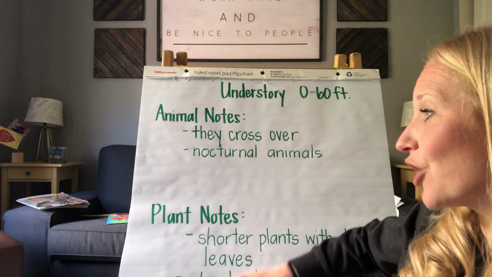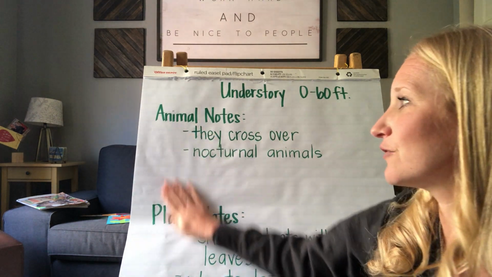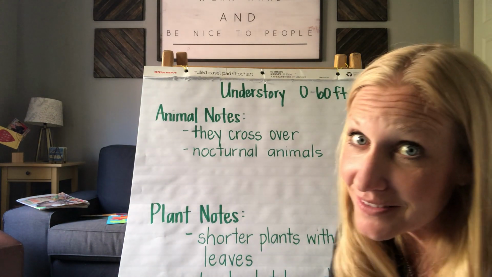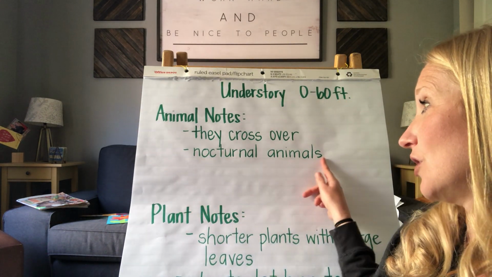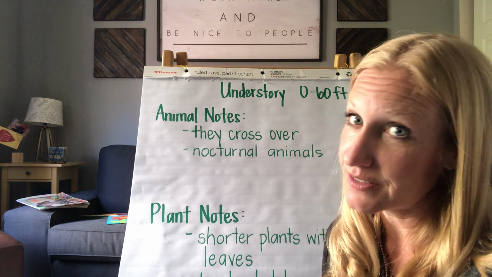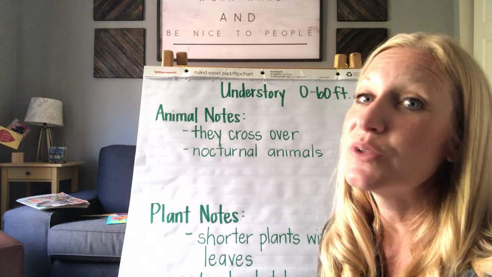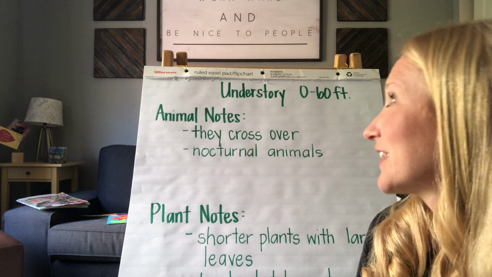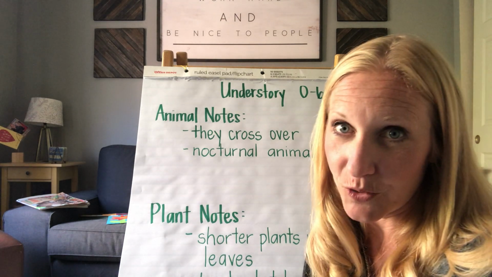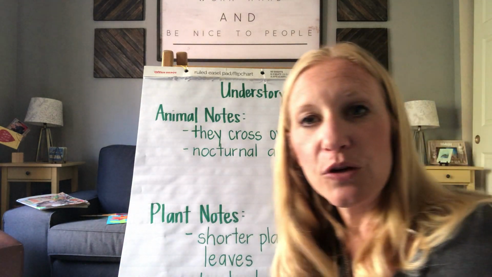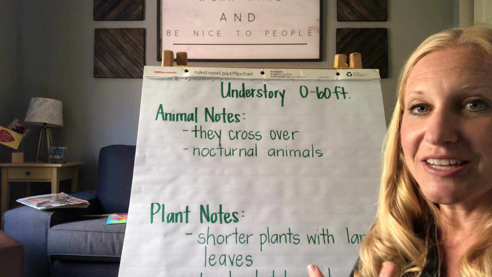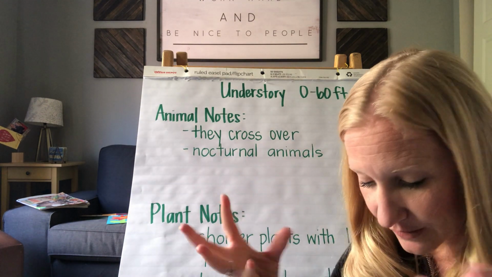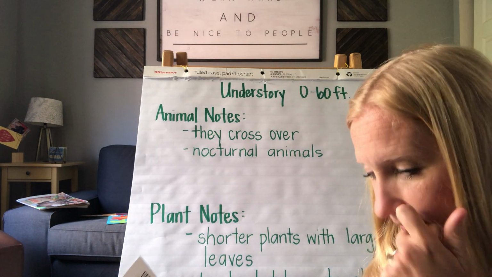So because this is a note-taking guide, we have the information on here that we need to explain it. If you were writing a sentence and you just wrote nocturnal animals, Mrs. McGee would not like that very much. You would need to turn it into a sentence saying nocturnal animals live in the understory of the rainforest. But the neat thing about note-taking guides is we just write down those words or phrases that we are pulling out that information from.